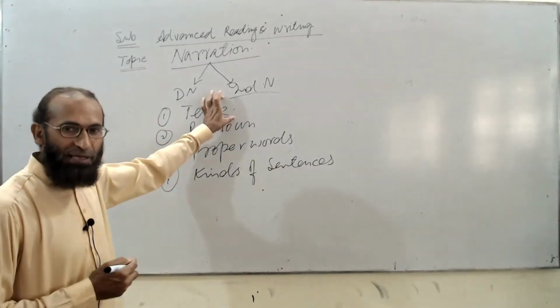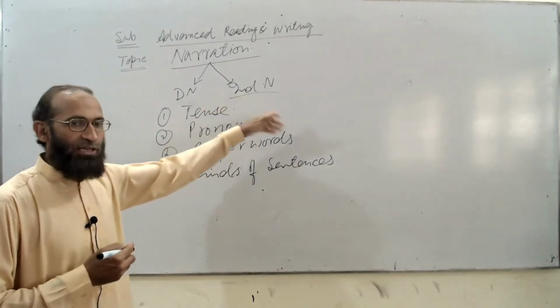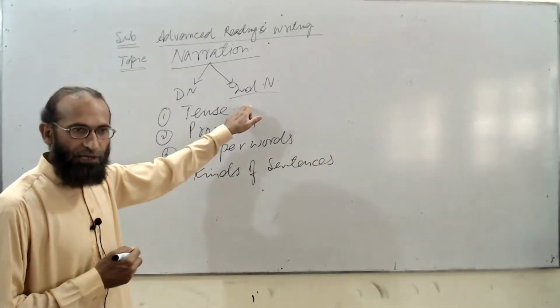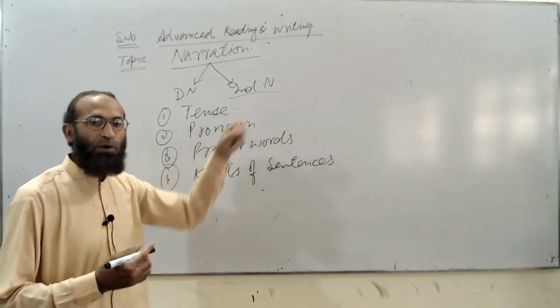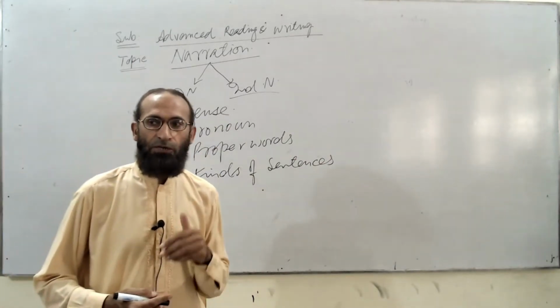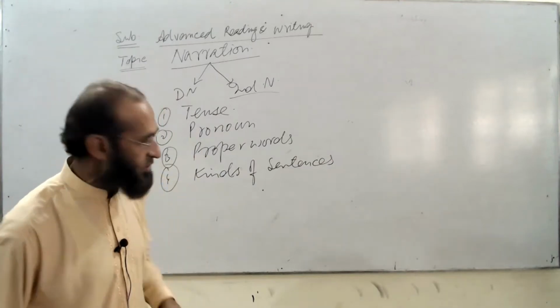So all forms of present tense are changed into past tense accordingly. Present indefinite into past indefinite, present continuous into past continuous, and present perfect into past perfect. In the same way, present perfect continuous is changed into past perfect continuous.